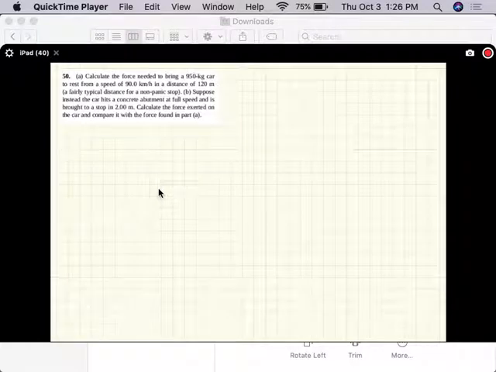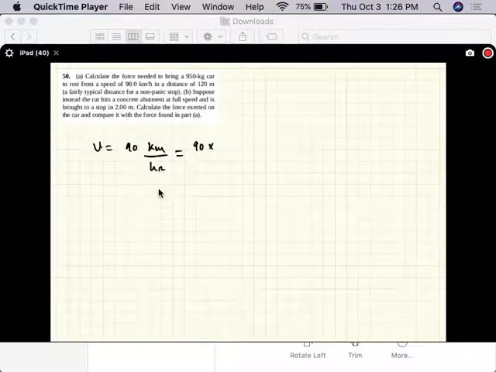Okay. Well, let's convert the speed into meters per second first. This is 90. When you're converting kilometers per hour to meters per second, you're essentially dividing by 3.6.